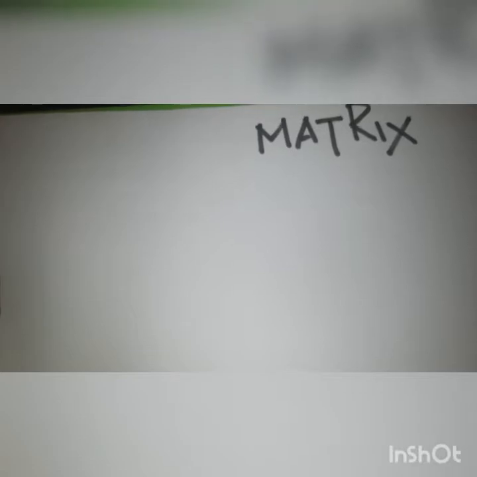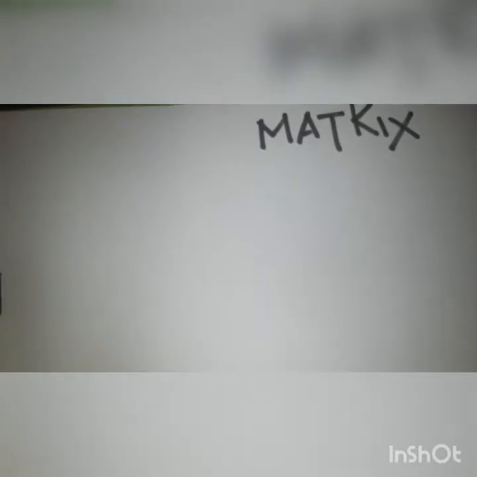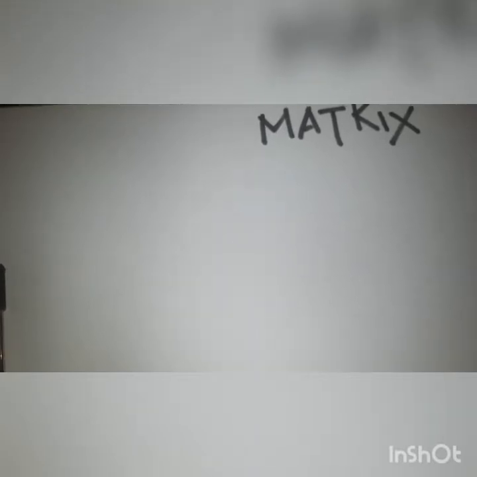What is the definition of matrix? A matrix is formed by arranging some numbers in the form of a rectangular array enclosed by square brackets, curved brackets, or two pairs of parallel lines.